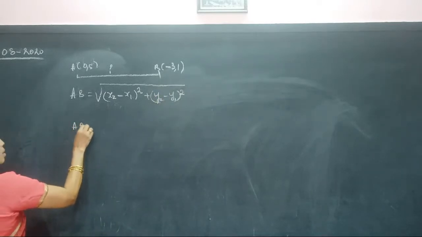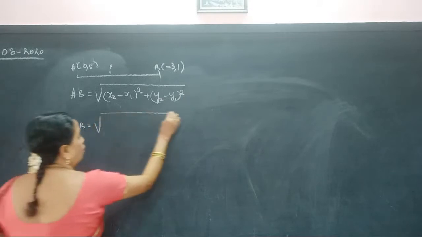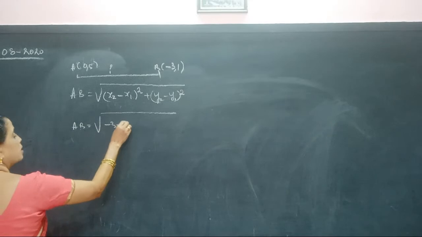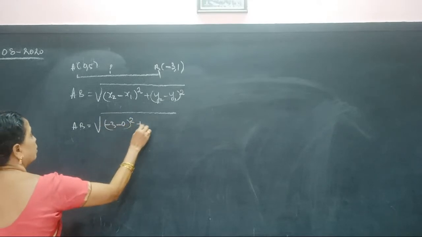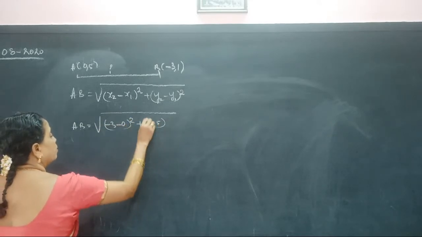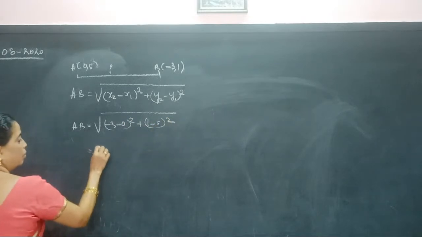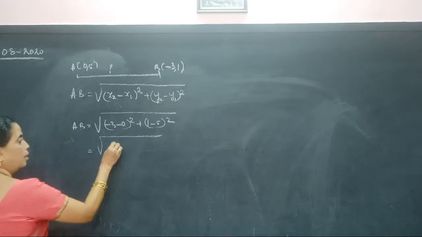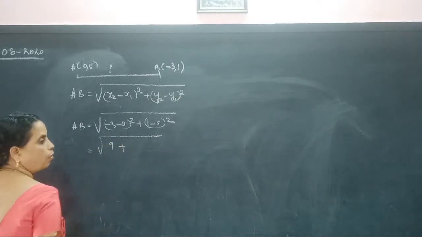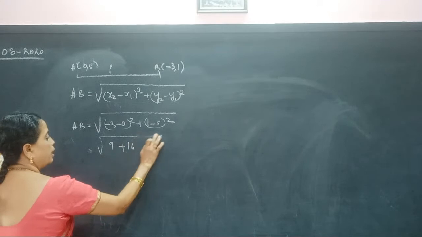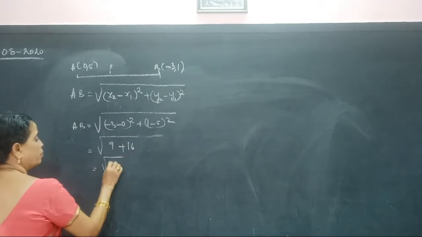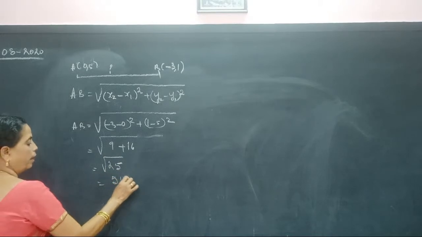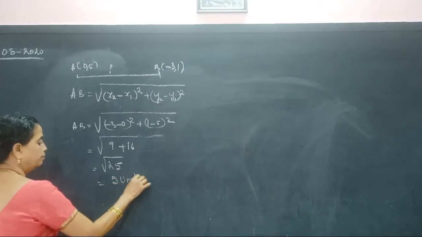AB equals root of (−3 − 0) whole square plus (1 − 5) whole square. Root of 9 plus 16. Root of 25. The final answer is 5 units.